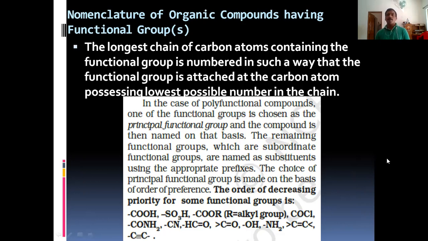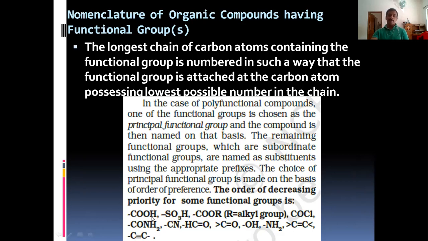Now the problem: how will you select the principal functional group? IUPAC has given a certain order of preference for selecting a principal functional group. That is given here.